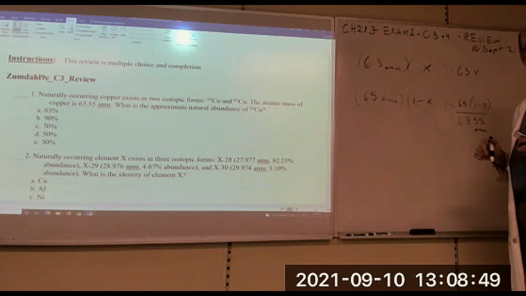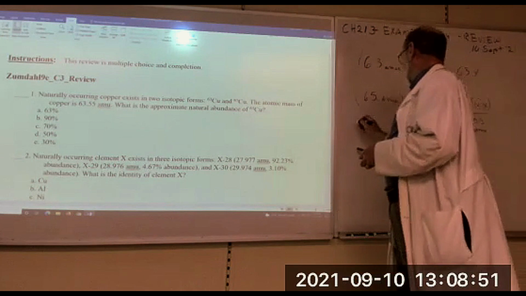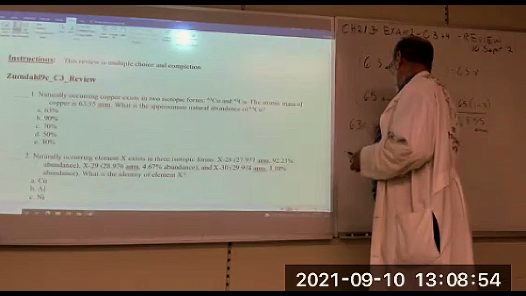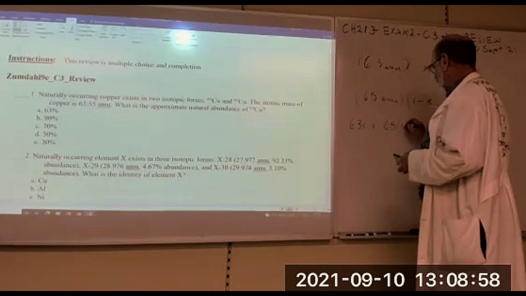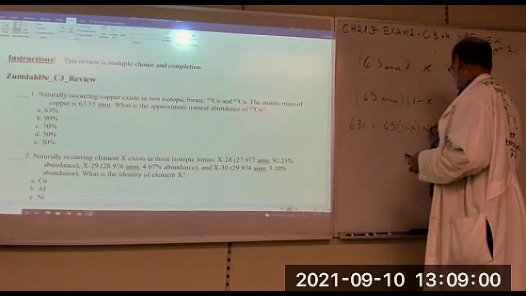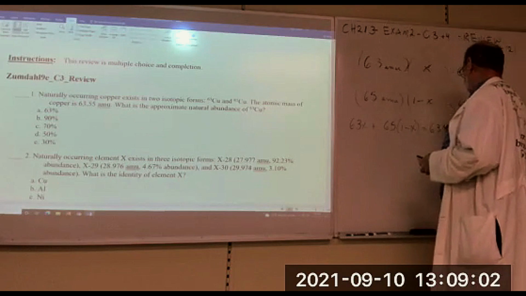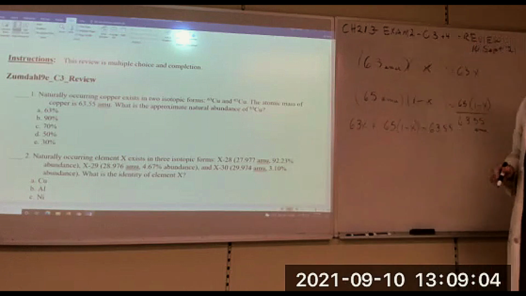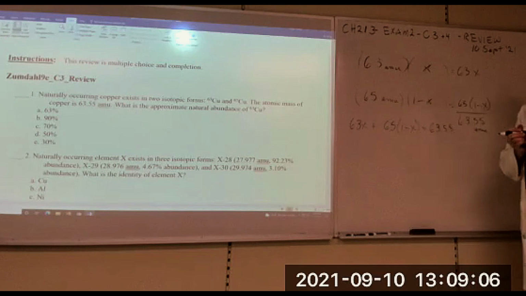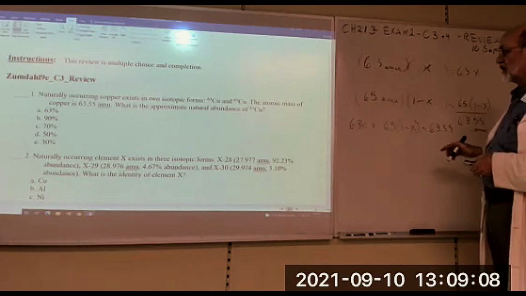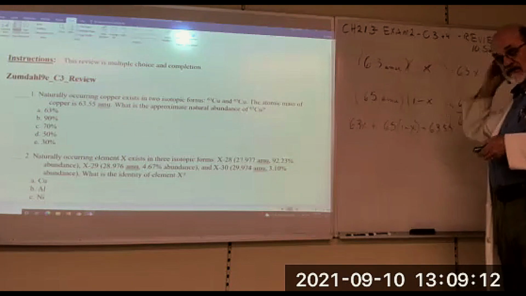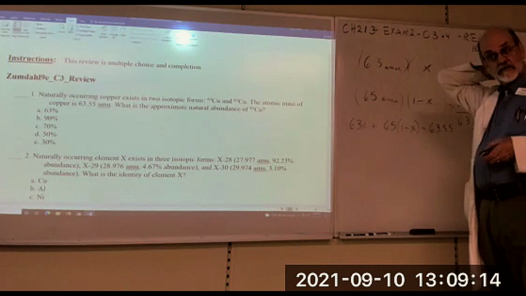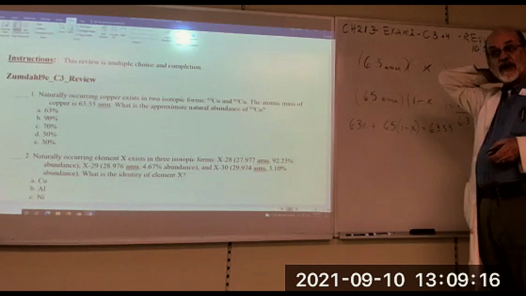So there's our formula: 63X plus 65 times (1 minus X) equals 63.55. Now we can solve for X, and that'll give us the fractional abundance of this one. So how do you convert fractional to percent? Just multiply by 100.